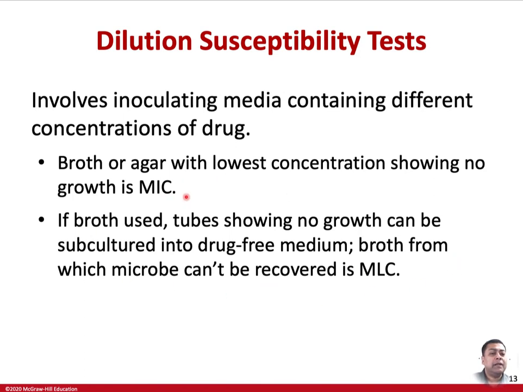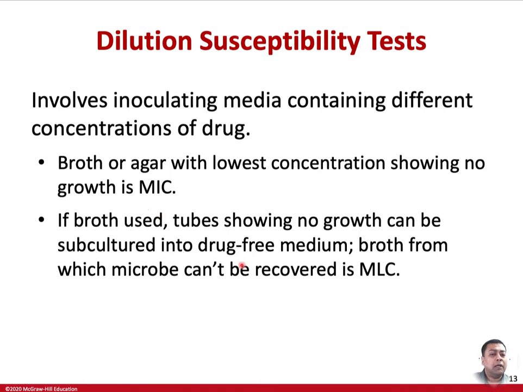For the minimal inhibitory concentration, we are just looking at the tubes or the plates where we have added the antibiotic, and we are looking at the one where there is no growth of the microbe, because we inoculated each one of them with a microbe.